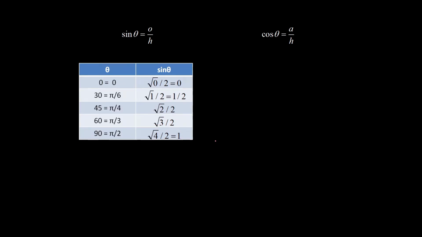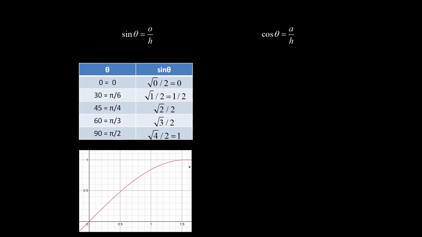And something else about the sine function is that as our input increases, so does the sine function. Here is a graph of the sine function from 0 to 90, and you can see the sine function is increasing.